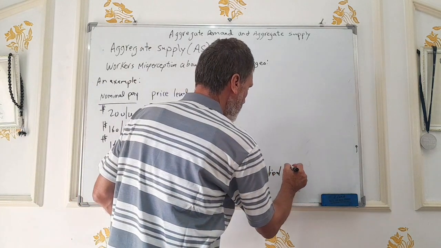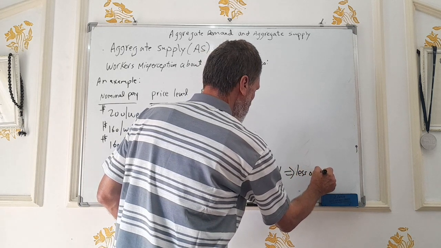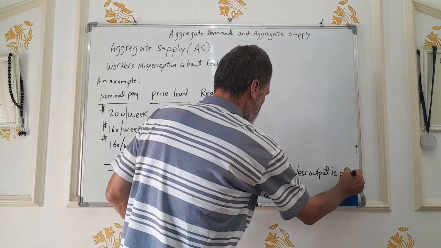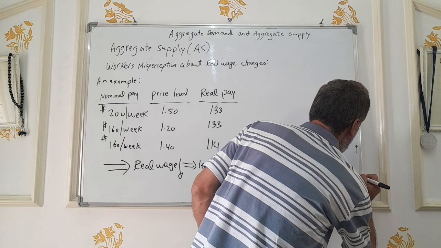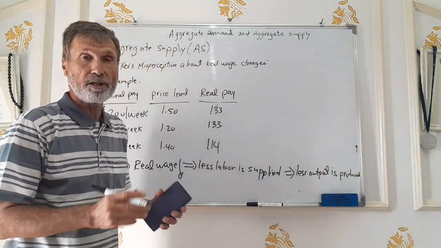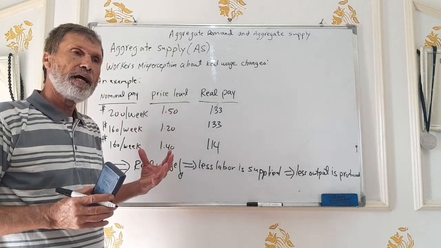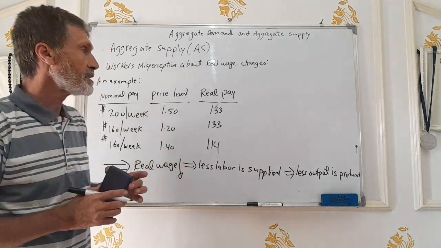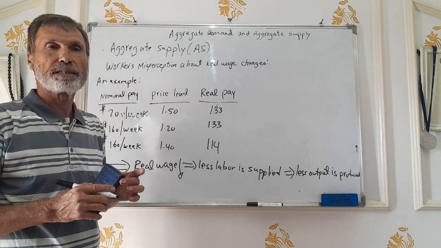Therefore, this explanation also provides some type of understanding of why the short-term supply is upward sloping.